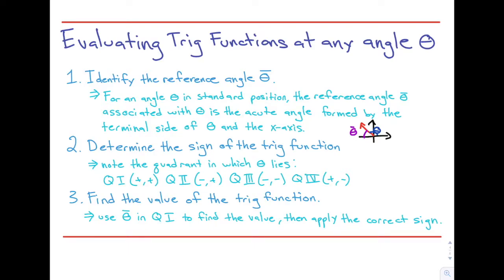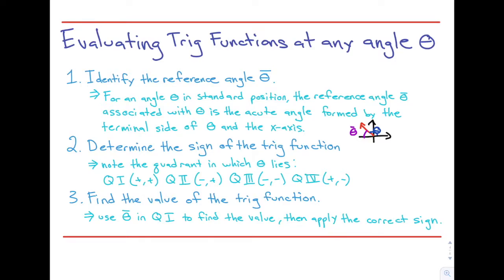Once we've identified the reference angle theta bar, we determine the sign of the trig function. This just comes from noting the quadrant in which theta lies. Remember, in quadrant 1, we have a positive x and a positive y. In quadrant 2, a negative x and a positive y. Quadrant 3, negative x and negative y. In quadrant 4, positive x and negative y.